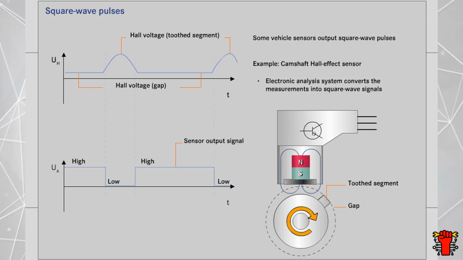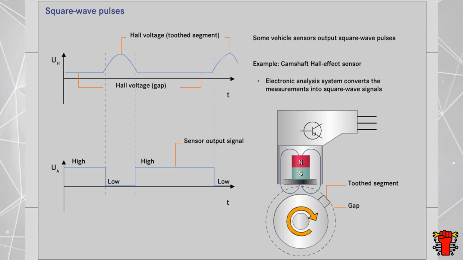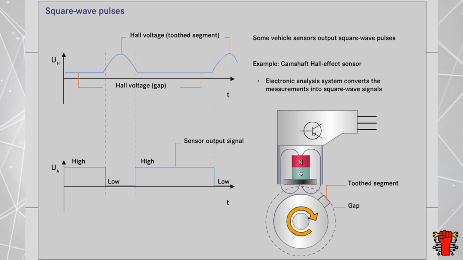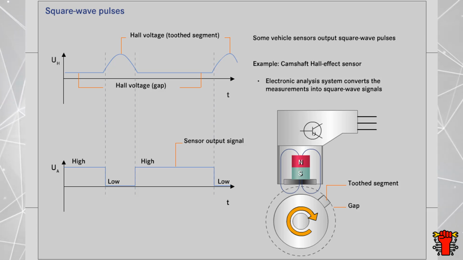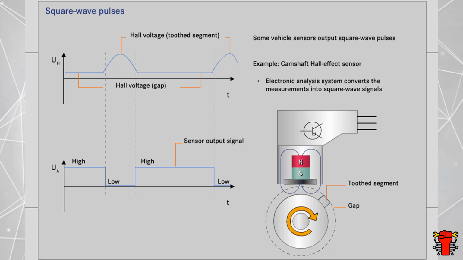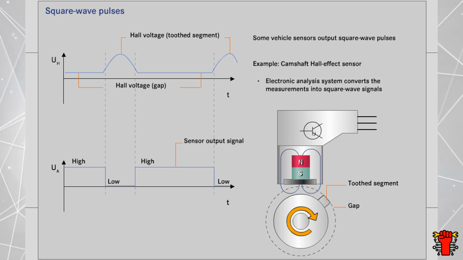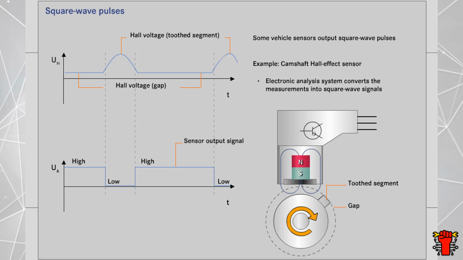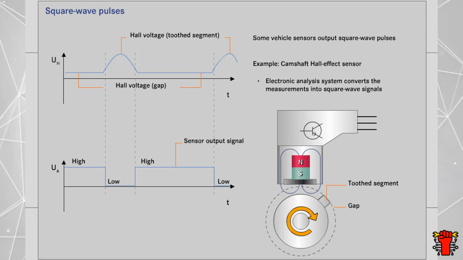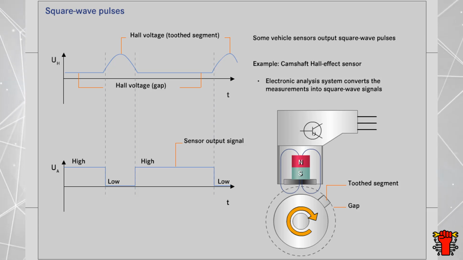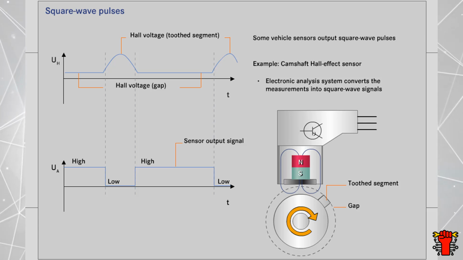The sensor's electronic analysis system processes the signal and converts it into a square wave signal. The electronic analysis system transforms the pulses of the toothed segment into so-called low states and the gaps into so-called high states. This signal is sent to the control module where it is evaluated.